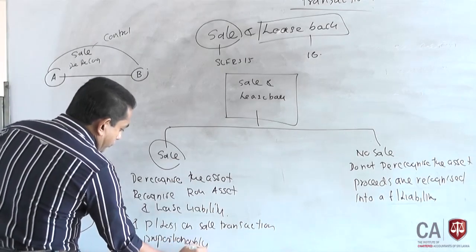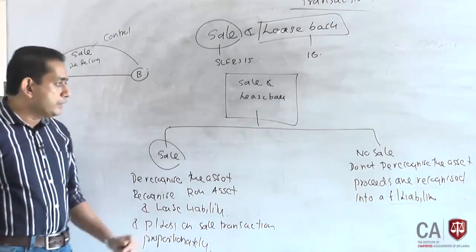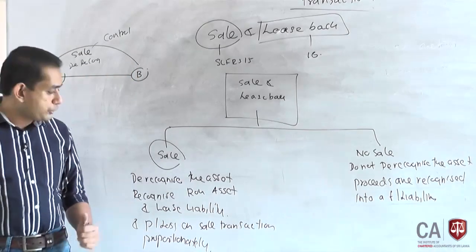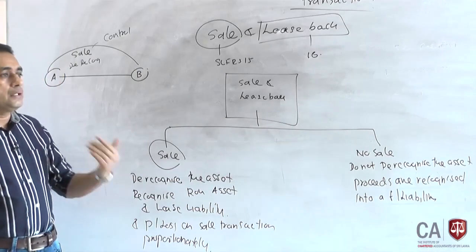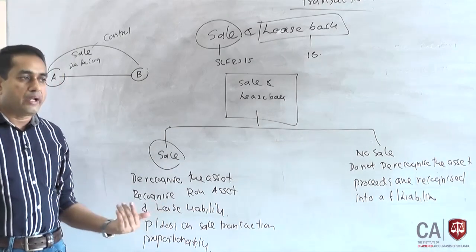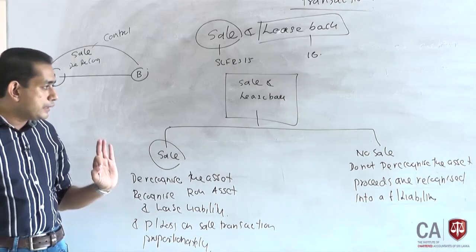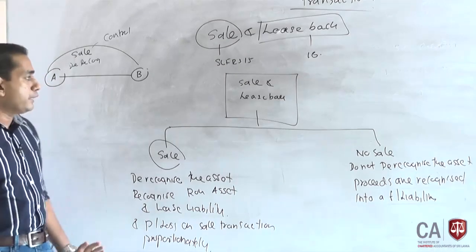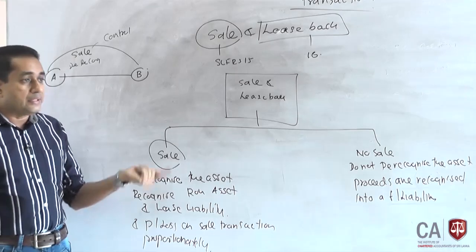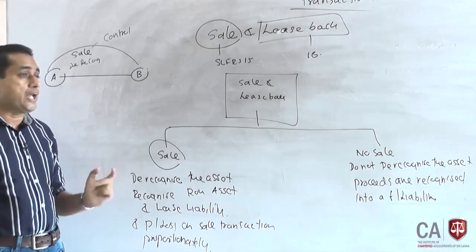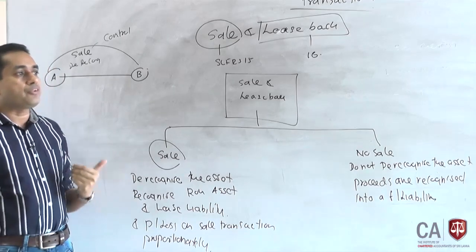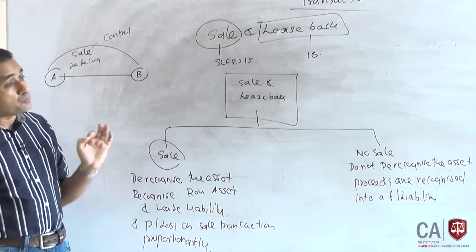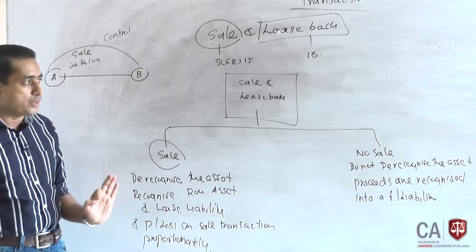How is it proportionated? Let us see how it is proportionated in a small question. If control of the asset has passed to the buyer, the seller has to derecognize the underlying asset, instead recognize right of use asset and lease liability and recognize profit or loss on sale proportionate.